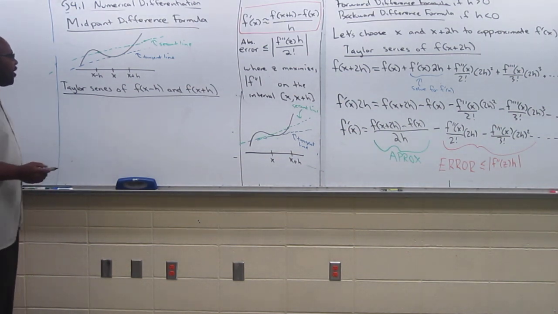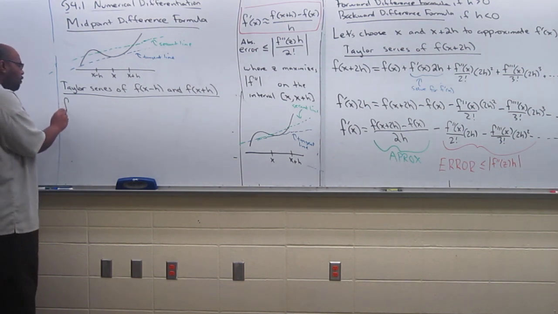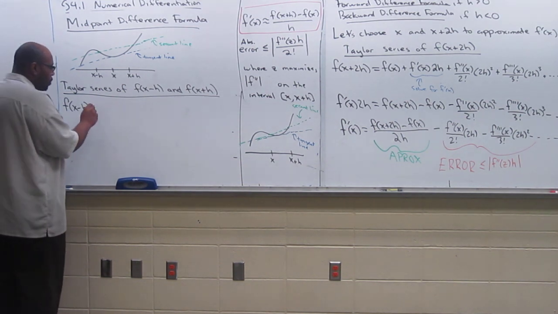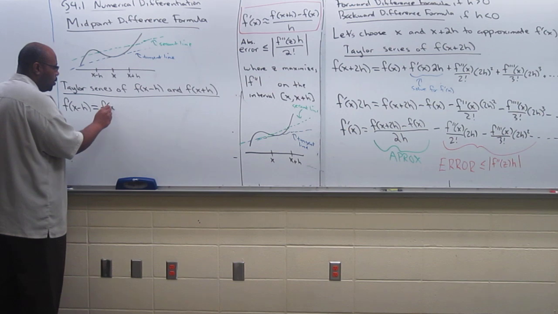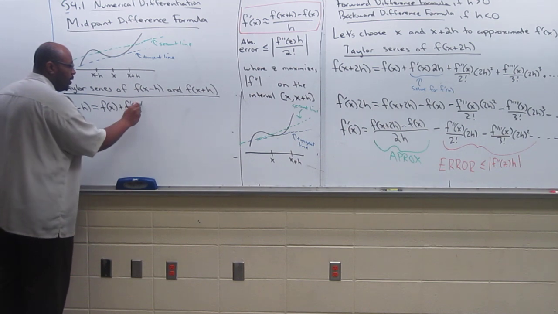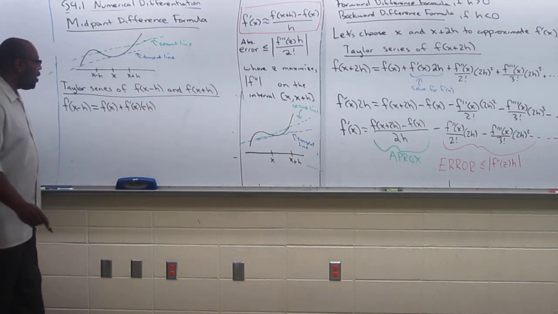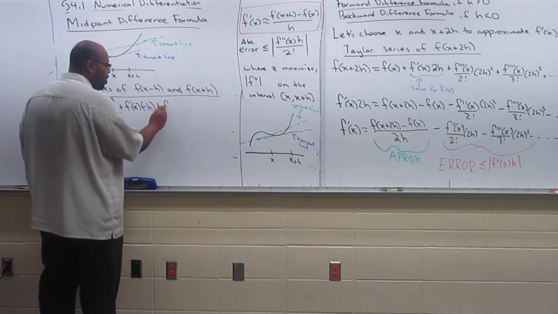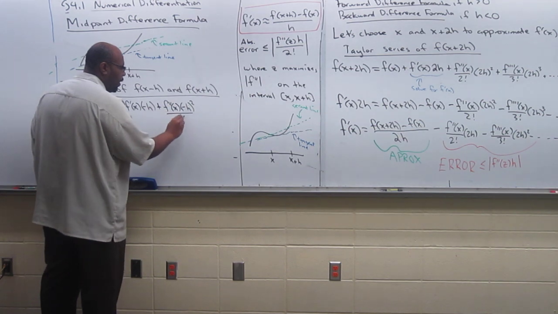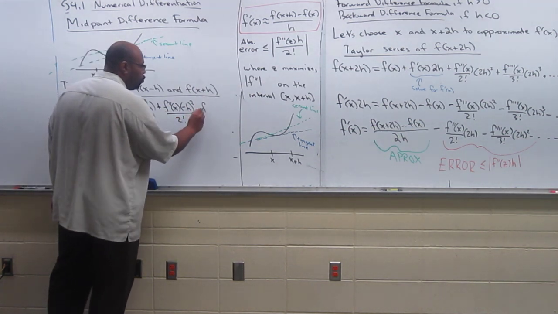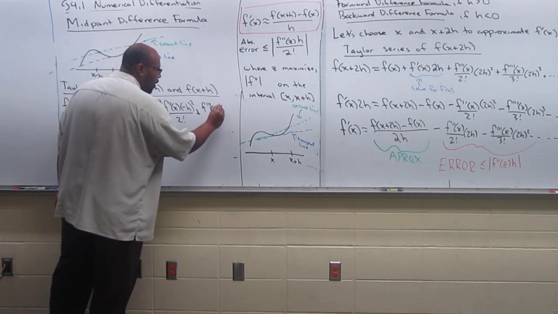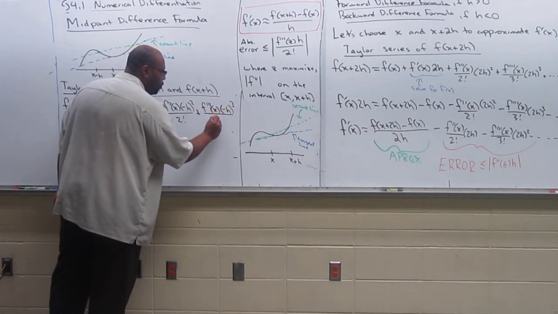F of x minus h is equal to f of x plus f prime of x times negative h. Plus f double prime of x times negative h squared divided by 2 factorial plus f triple prime of x times negative h cubed over 3 factorial.